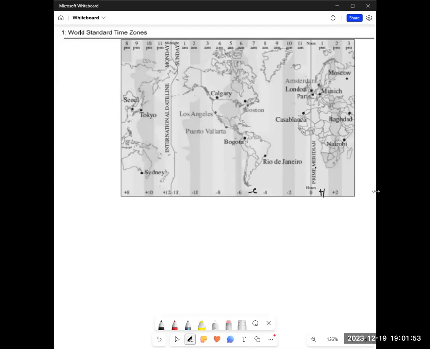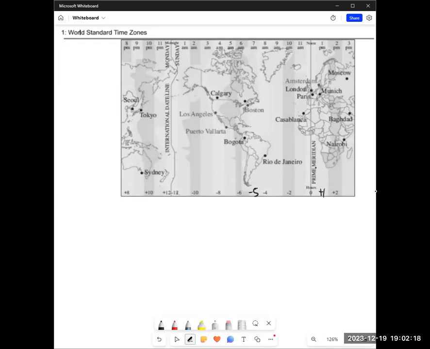It's in this -5 region because when it's 12 a.m. in London, where the prime meridian is, it's 7 a.m. in Boston. So you subtract 5 hours to get the time in Boston. You add 1 hour from Greenwich Mean Time to get the time in Amsterdam.